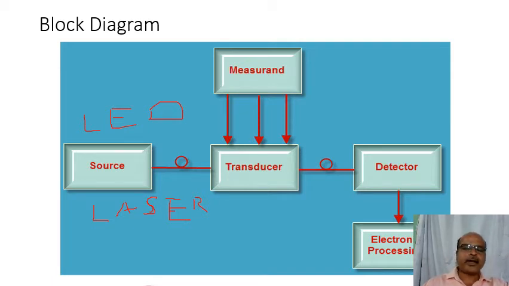For detecting the parameter, photodetectors are generally used, that is, either a PIN photodiode or an avalanche photodiode. The next part is electronic processing. After detection there is electronic processing. So this is the generalized block diagram of any optical fiber sensor.